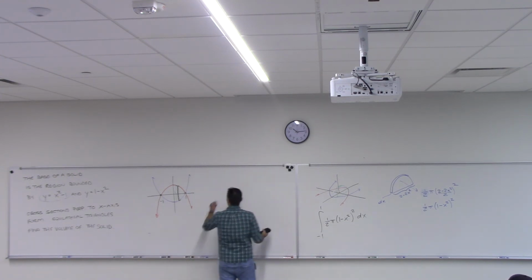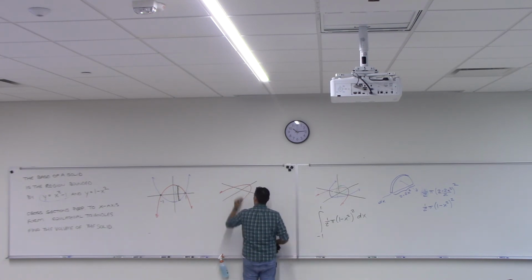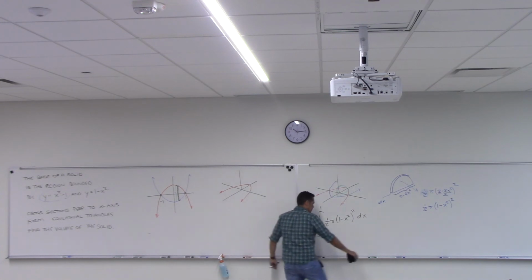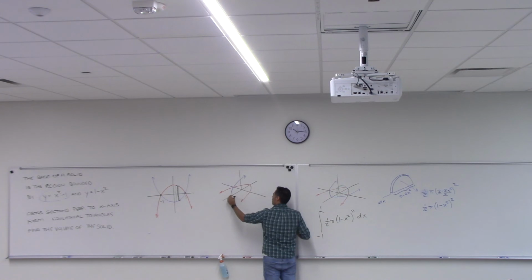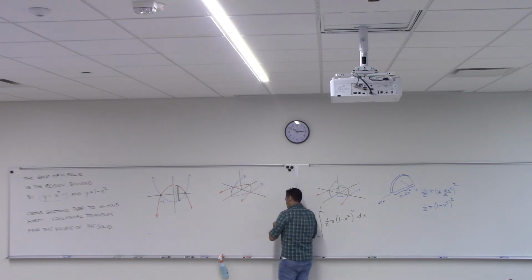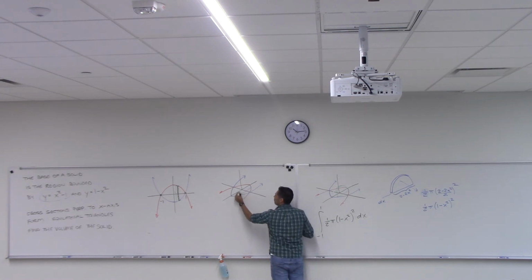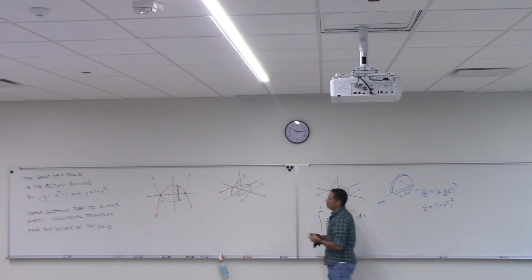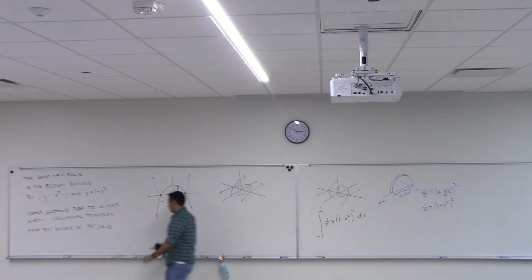Well, yeah, let's set it up. Here's my picture. I take my little slice. Here's my little slice. I make an equilateral triangle. Ooh, not very good. It's kind of a crappy equilateral triangle.